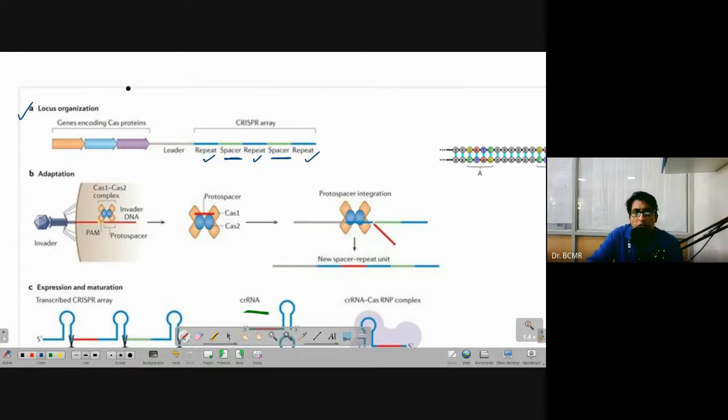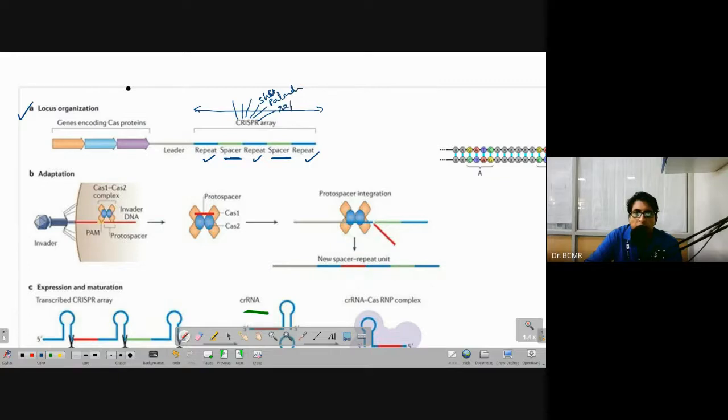You have a sequence of them, so it is an array. I will try to say clustered, regularly interspersed short palindromic repeats, right?